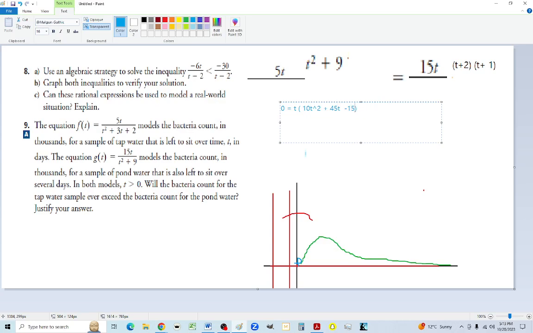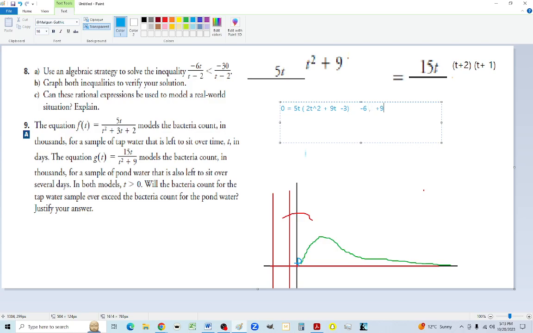And when we take a 5 out, we get 2, 9, and 3. So we have to ask ourselves something that multiplies out to minus 6 and adds up to 9.